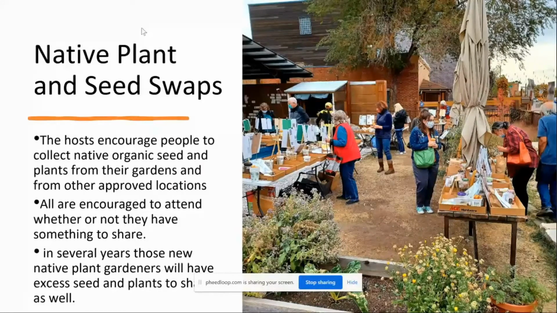These events are free to participate in, and you don't necessarily have to have anything to swap, but you can participate and then maybe bring seeds the following year, really cultivating those relationships and that interest in native plants and growing habitat for pollinators.